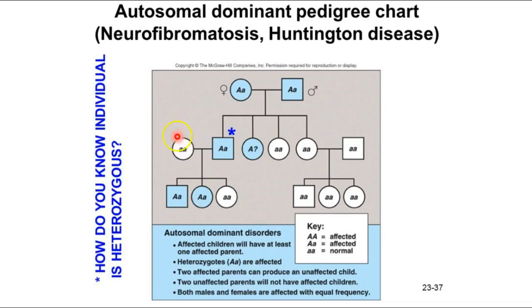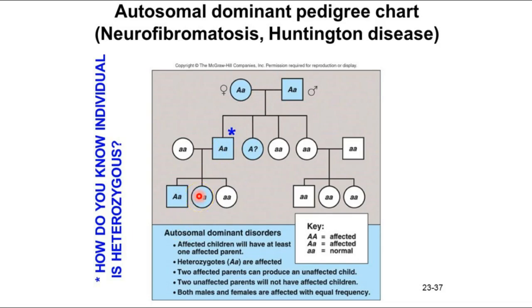Typically, it is possible to have children who don't have that, right? If you have the recessive form of the gene that is the healthy version, and your partner also has the recessive form of that gene, then again, there's a good chance that some of your offspring will not express the disease. But any child who has a copy of the disease will then express it, right? So that one's pretty intuitive.